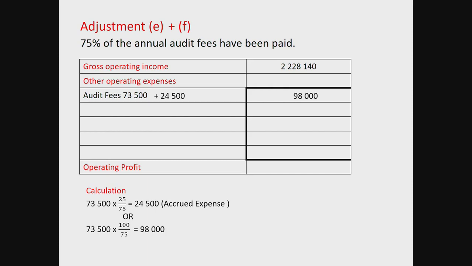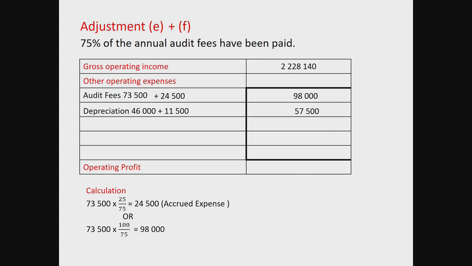Right, that takes care of adjustment E. Then adjustment F is just talking about depreciation. It says it was entered as 46,000. It was discovered that it was supposed to have been 57,500. So for the item depreciation, there is no calculation: it's just 46,000, add the 11,500, and then you get your answer of 57,500.